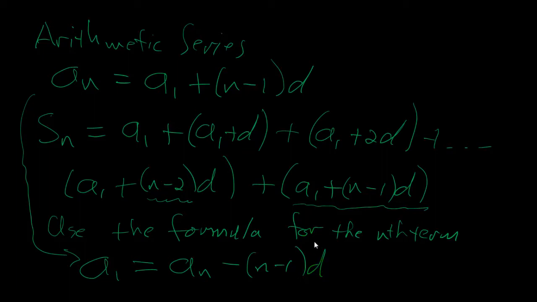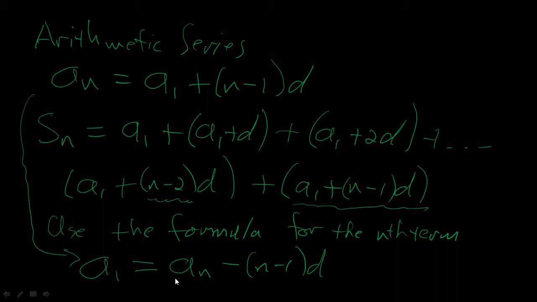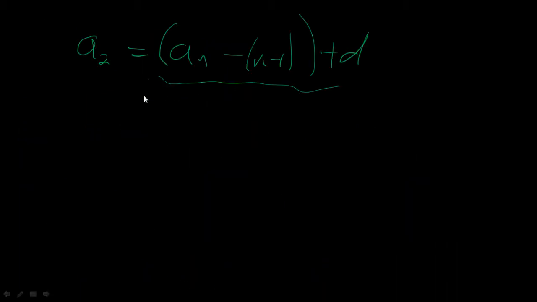So if I have the value of the first term, which is this value here, and I just add d to the first term, I will have the value of the second term.